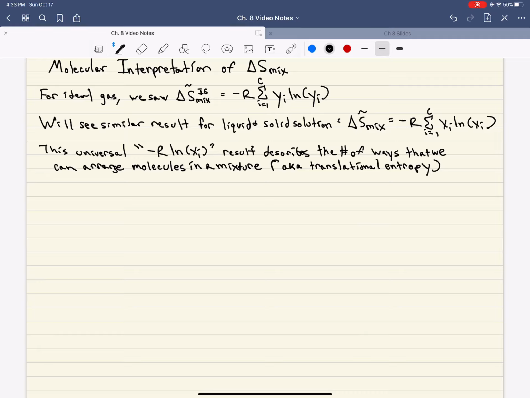All right, to get a better handle on how the entropy is affected in a mixture, what I want you to consider is a mixture of A and B molecules arranged on a checkerboard.